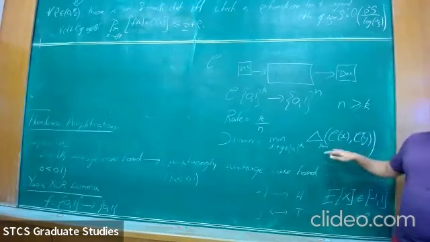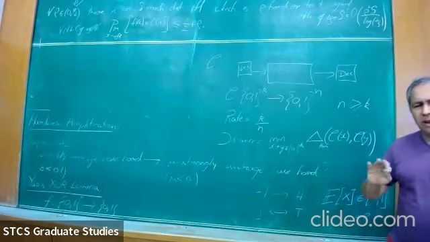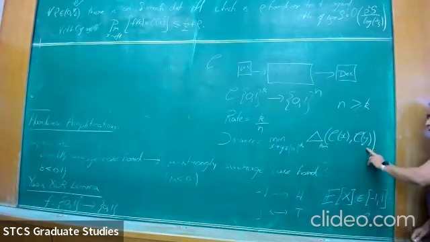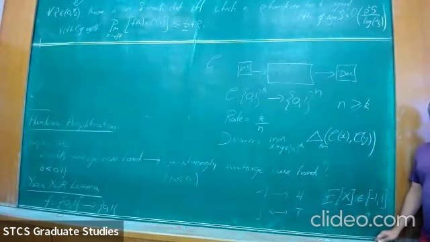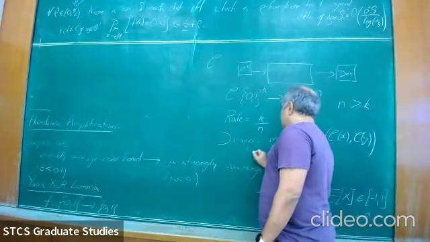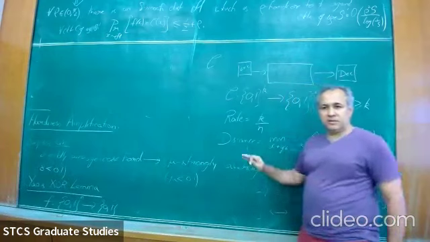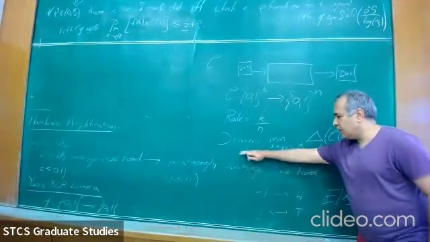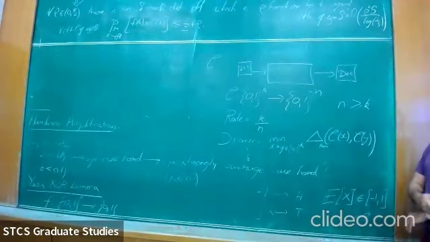I'll divide everything by n. Distance is usually an integer, but we will make it fractional by dividing by n. So usually d is used for absolute distance and delta is used for fractional distance.